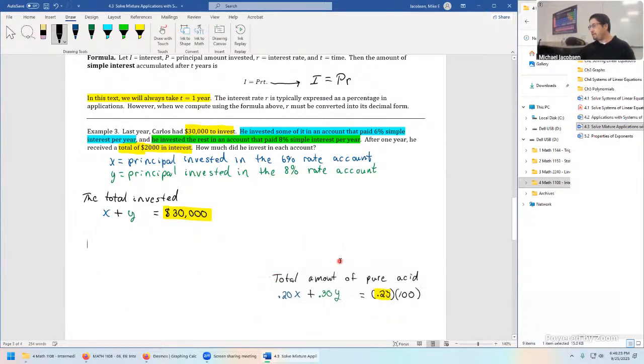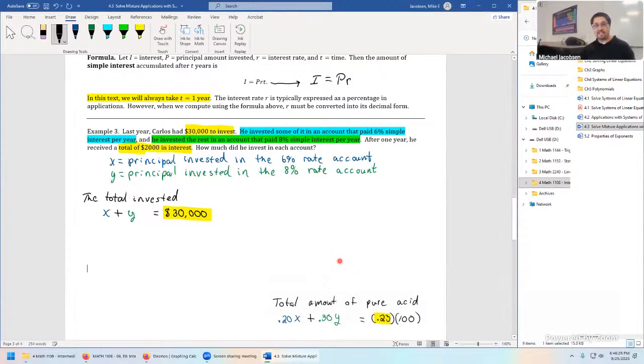So here's what we did on the very last problem. It was the total amount of pure acid, but it's a different context this time. This time, we're talking about a total amount of earned interest, and we're told it's $2,000.